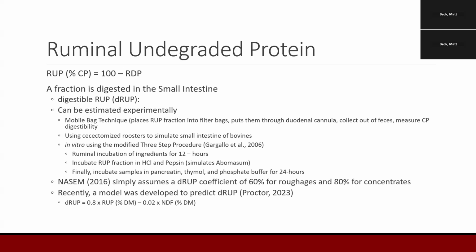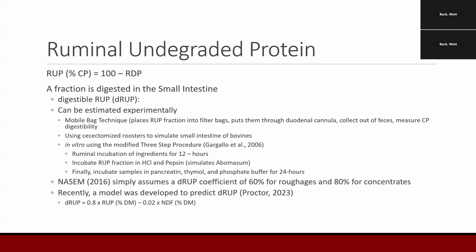The NASEM just assumes a digestible RUP coefficient of 60% for roughages and 80% for concentrates. Doesn't seem very accurate. And when we did the modified 3-step procedure for Jarrett's dissertation, we saw that DRUP ranged from 0.4 to 0.9, right?